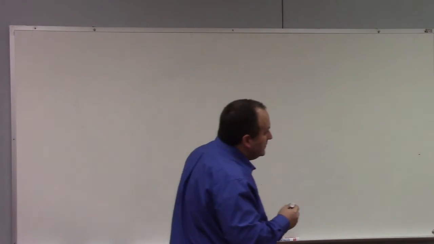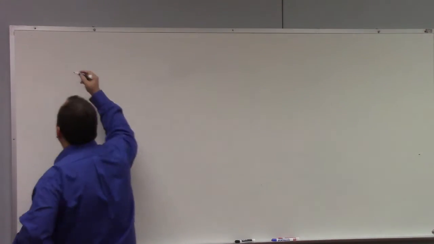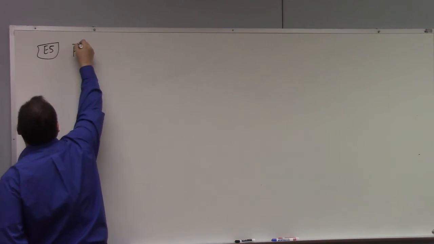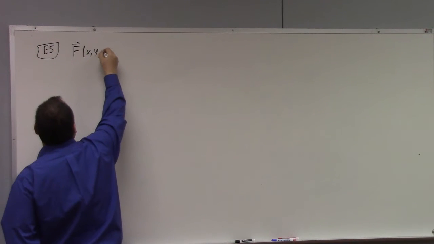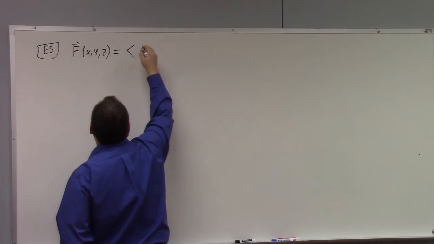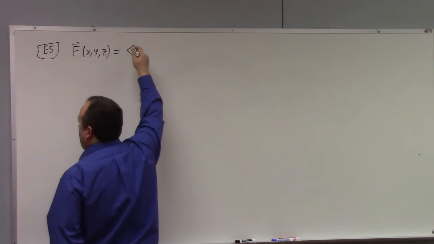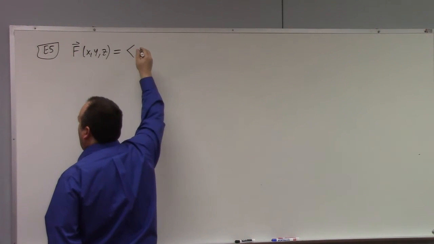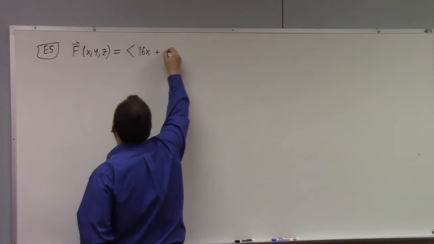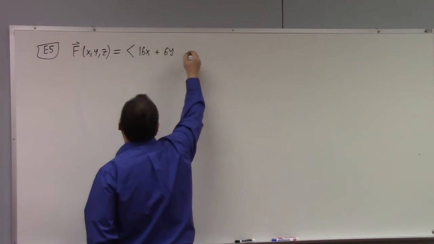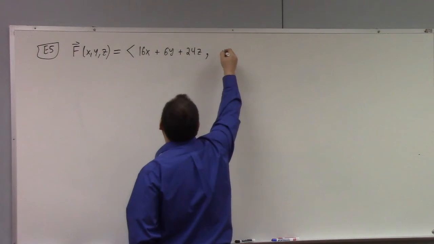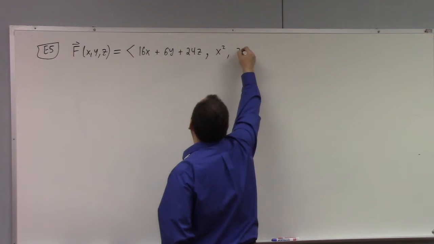All right, so where was I? Example 5. Let's look at the vector field F of x, y, z equal to, let's say, I don't know, 16x plus 6y plus 24z, just to take a random function, and then x squared, and then 3.